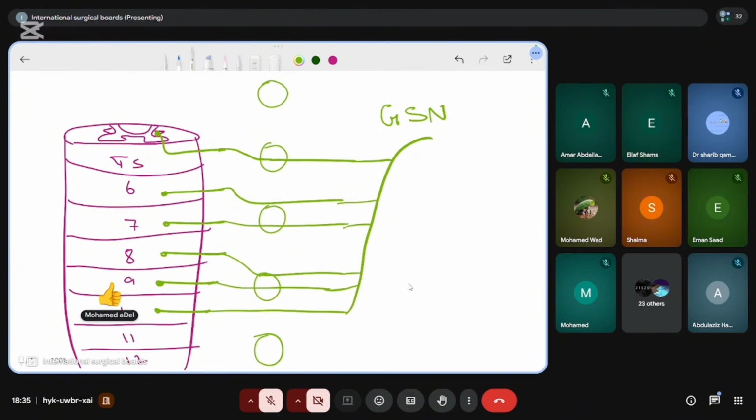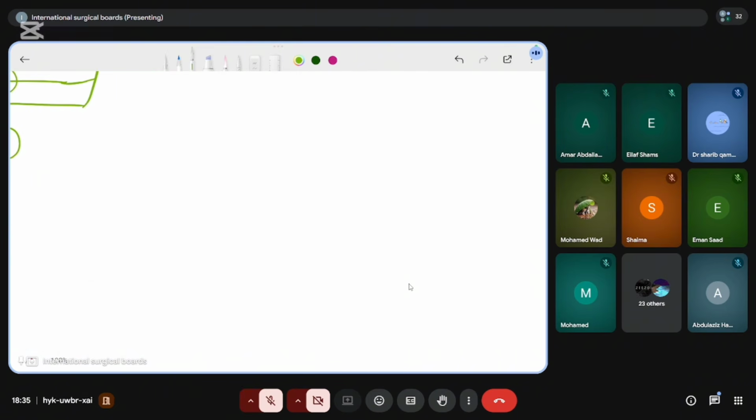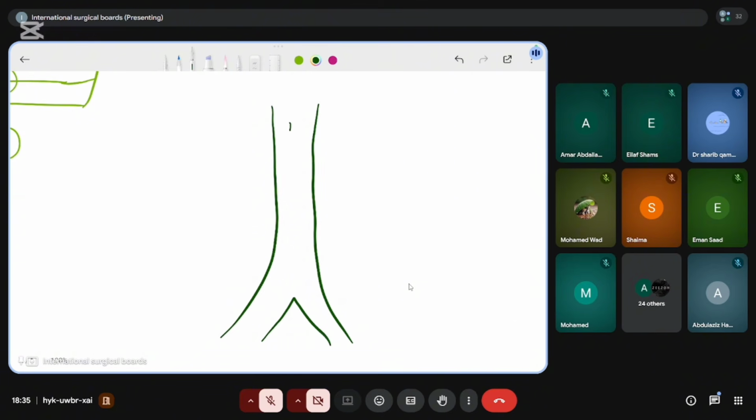So they come together in a beautiful filament, and this filament is formed in the chest. Now it has to move to the tummy, to the abdomen. This is the aorta, and that's the bifurcation of the aorta. This is the celiac artery, this is the superior mesenteric, this is the inferior mesenteric, and those are the renal arteries.